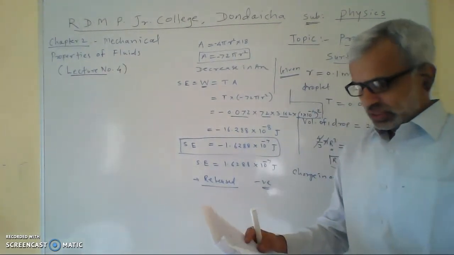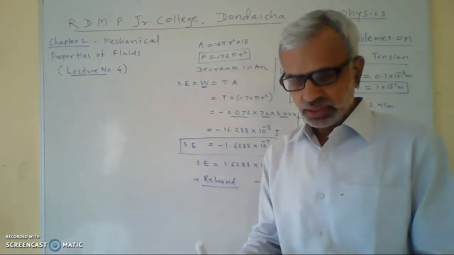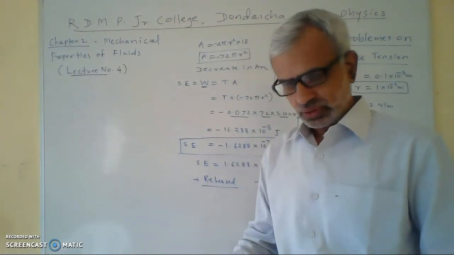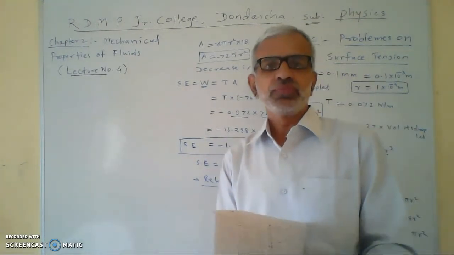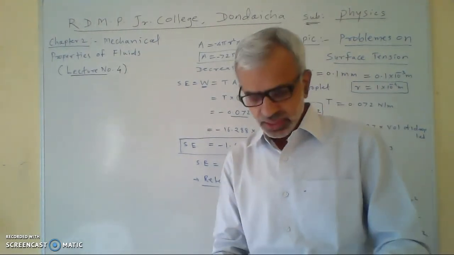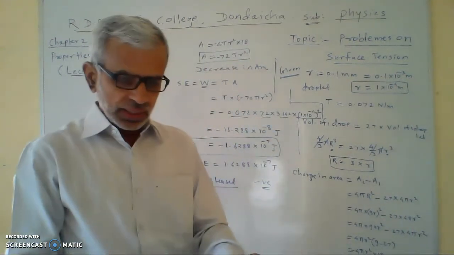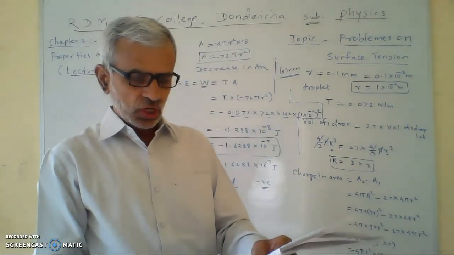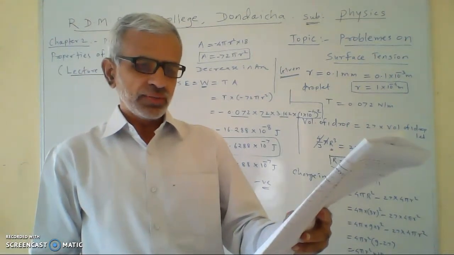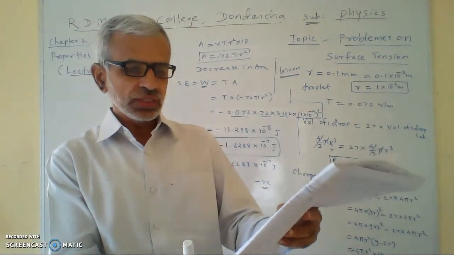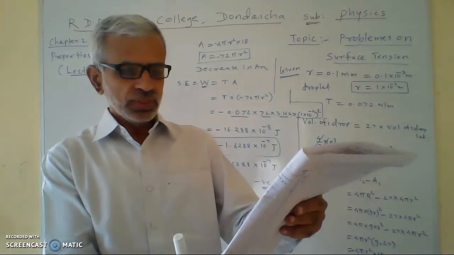So we take another problem, problem number 23 of the textbook. Now I will read this problem. The problem is: a rectangular wire frame of size 2 cm by 2 cm is dipped in a soap solution and taken out. A soap film is formed.